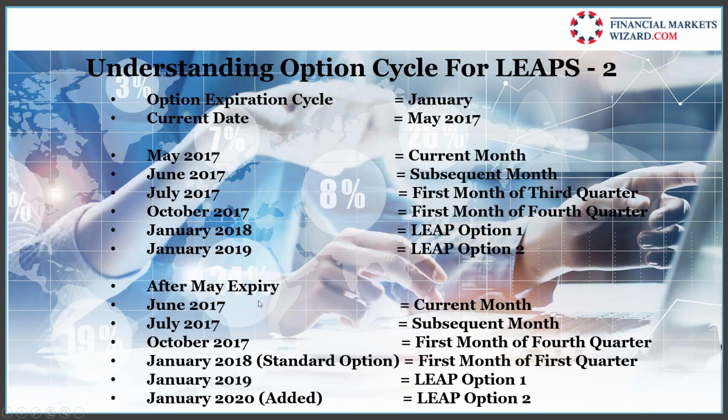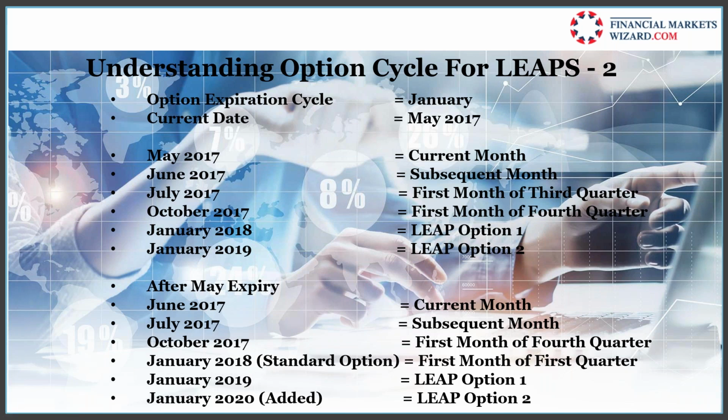But when May expires, June will become the current month. July will become the subsequent month. October is the first month of the fourth quarter, it's fine. But then this month, because it's the first month of the quarter and the stock belongs to the January cycle, will turn into a standard option, and 19 will remain there, 20 will be added.